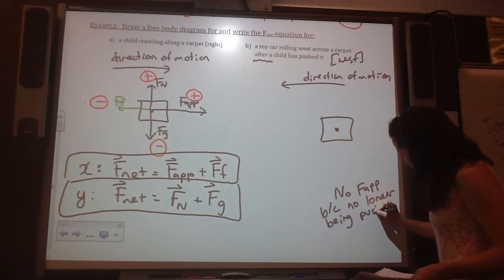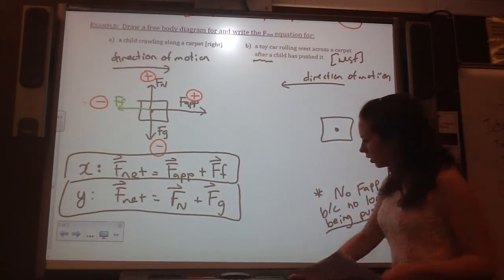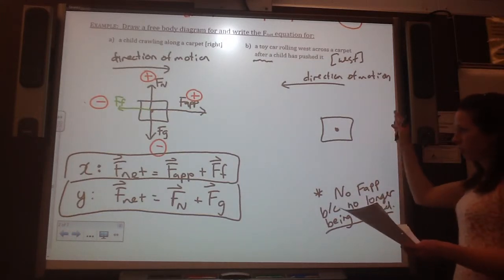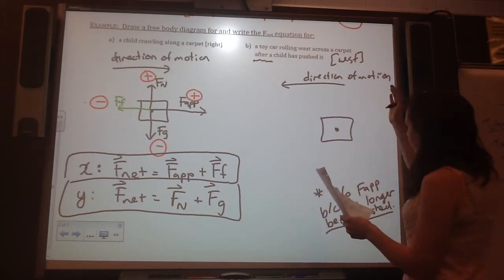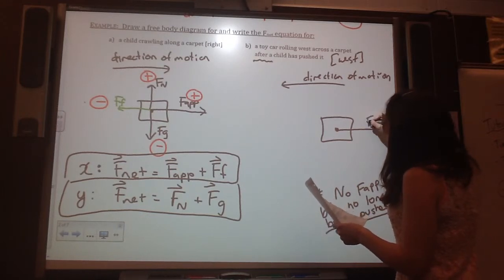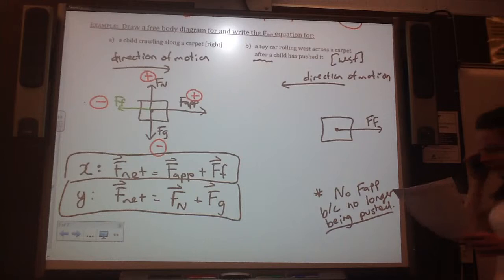It's after it was pushed. So I just don't even draw it in because it doesn't exist in this situation. But Ff is going to be pulling it the opposite direction, in east.